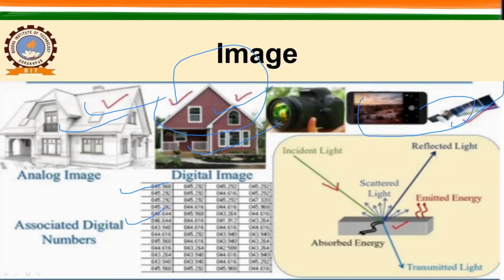And here this is the fundamental of the interaction of light with matter. Here you can see this particular incident light is falling on the surface, and then it is getting reflected, emitted, absorbed, transmitted, or scattered.